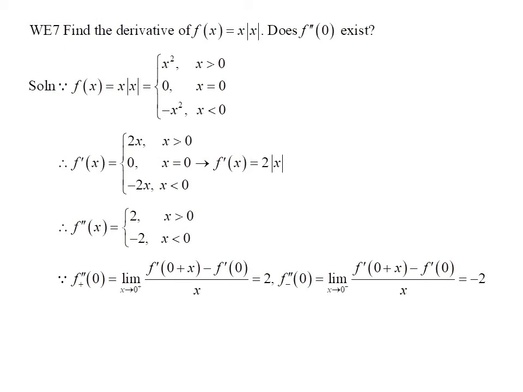However, the left-hand second derivative equals the limit of (f prime of 0 plus x minus f prime of 0) all over x as x approaches 0 from the left, which is negative 2. Since the right-hand second derivative does not equal the left-hand second derivative at the point x equals 0, the second derivative of f of x does not exist at the point x equals 0.